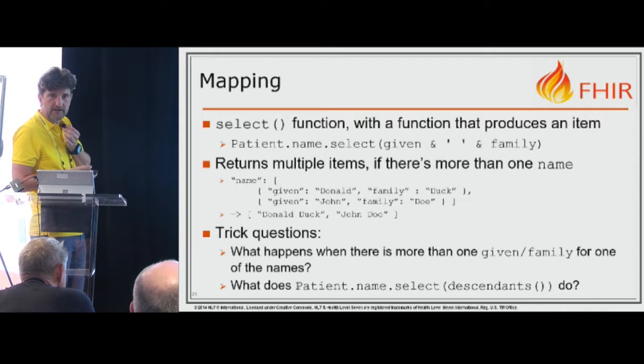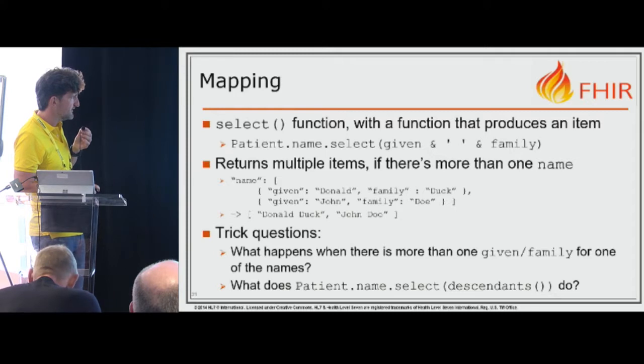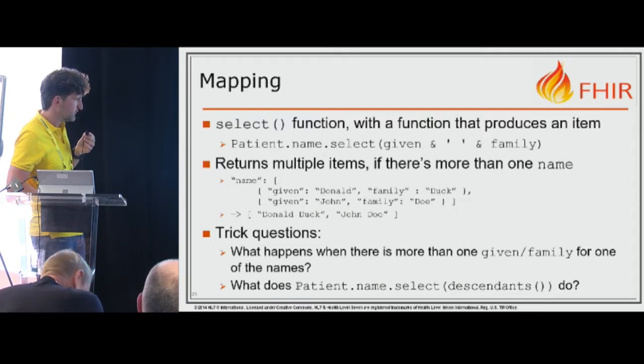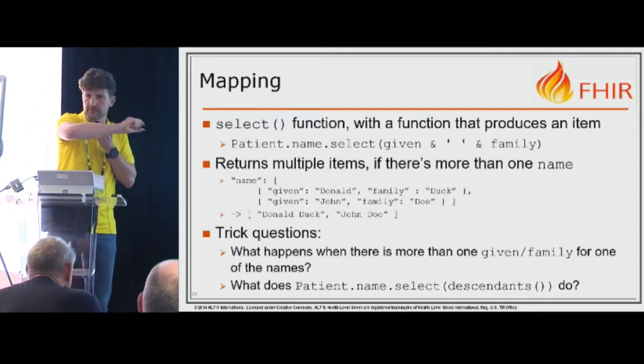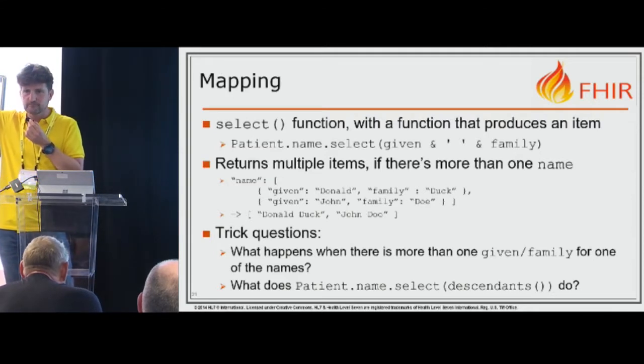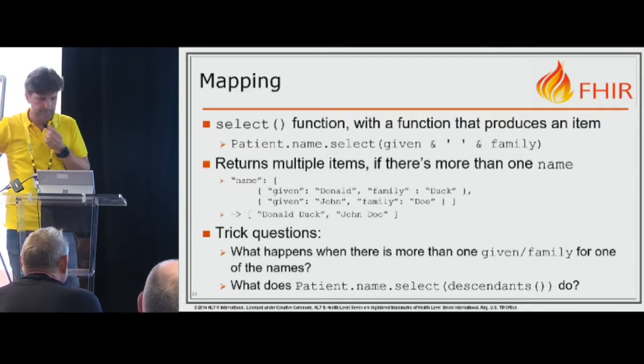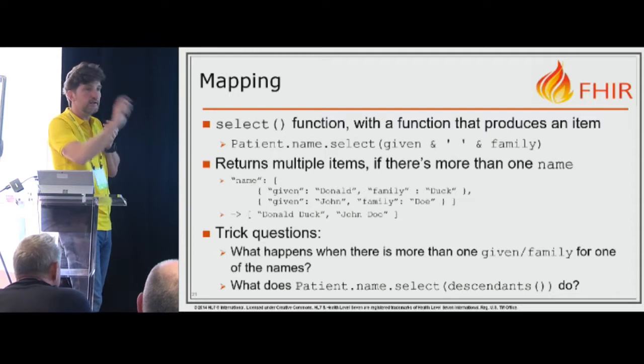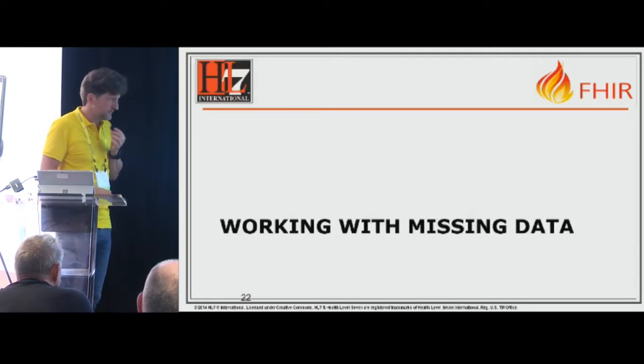This is called select many in many other languages, which means that it would concatenate everything. So go over the first name, select all descendants, go over the second, select all descendants, go over the third name, select all descendants, and put them in one flat list. So that's a flattening operation. Just needed to point that out. If you think, what's it talking about, don't worry about it.